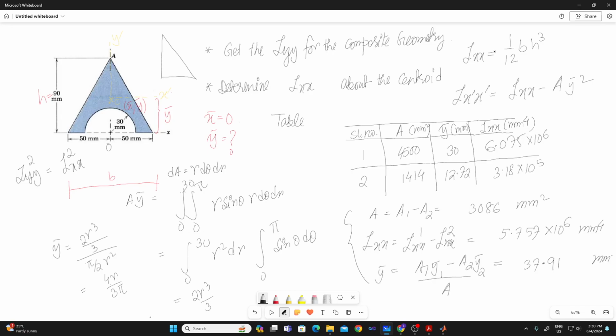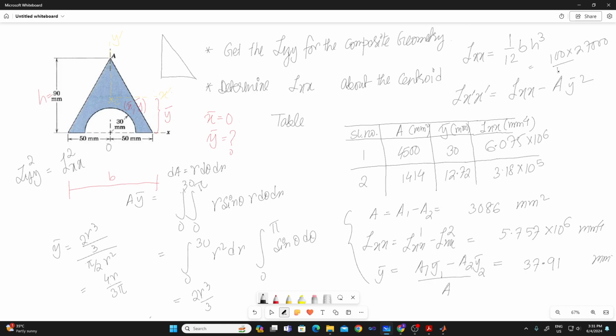So for example, if we substitute those values, B is like 100 and H is 30. You take cube of 30, it becomes 27,000, and then B is 100.